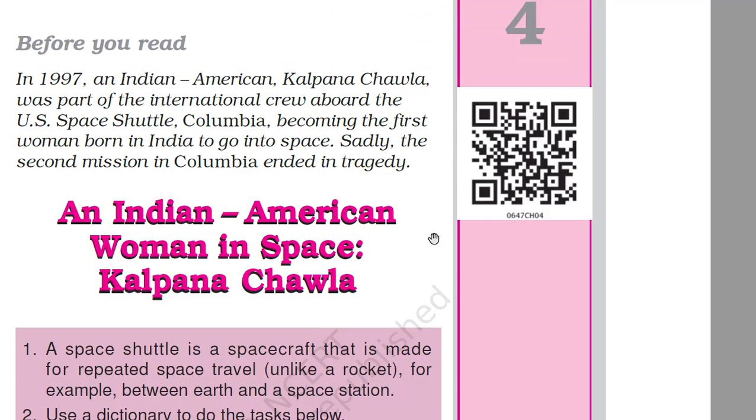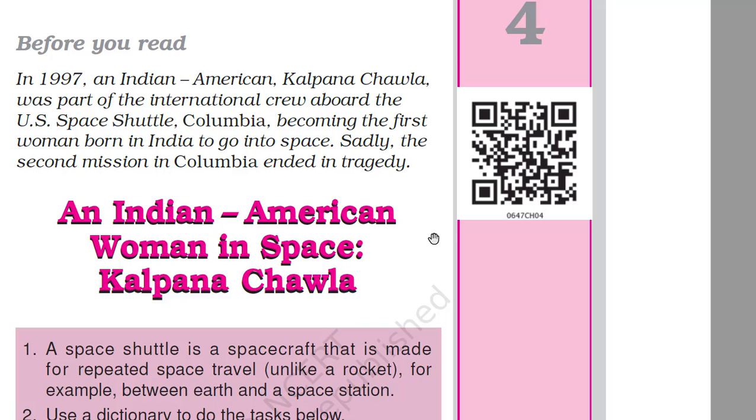Before we start, in 1997, an Indian American, Kalpana Chawla, was part of the international crew aboard the US Space Shuttle Columbia, becoming the first woman born in India to go into space.